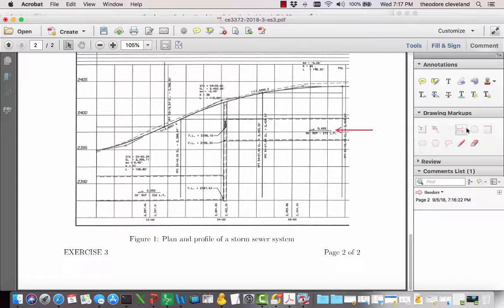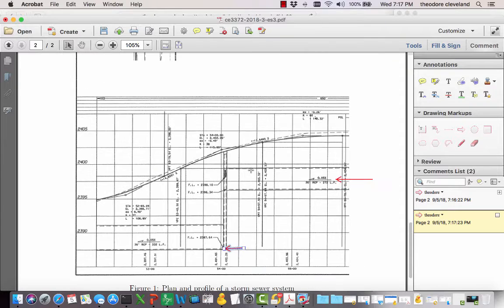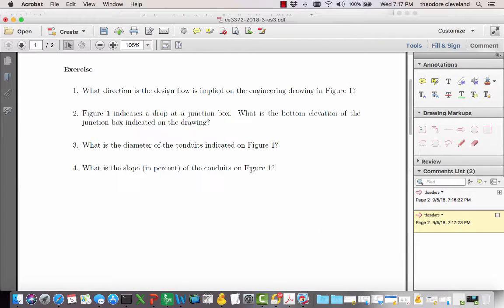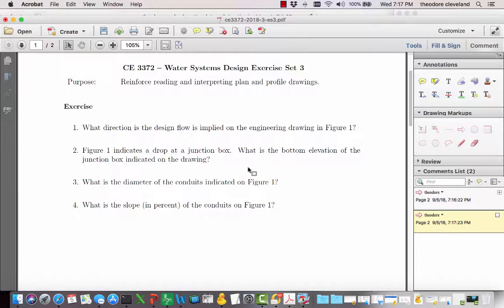So let me go ahead and, right there is the bottom elevation of the junction box, and it says the flow line is 2387.64. We get kind of a clue from this left-handed vertical scale. So we would provide a narrative as well as explain the arrow.